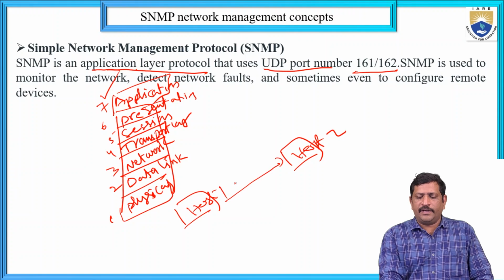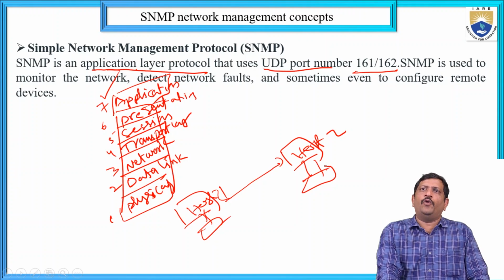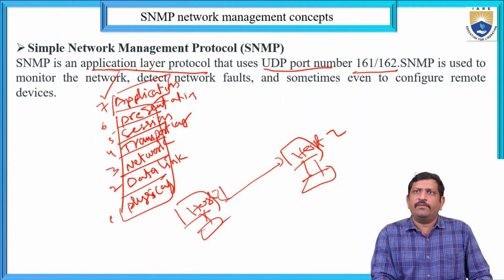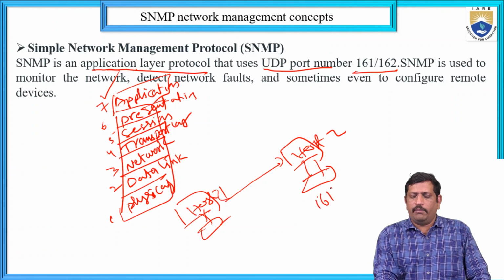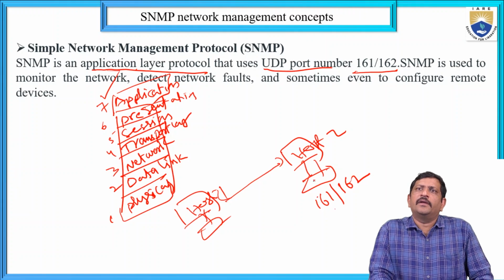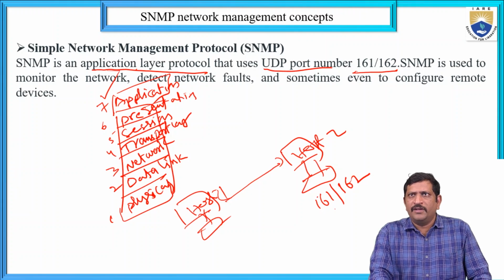While transferring data from host 1 to host 2, generally we utilize the port numbers 161 and 162. This is the port number of the destination device. These are the User Datagram Protocol port numbers, and with the help of these port numbers, data transfer can be done.